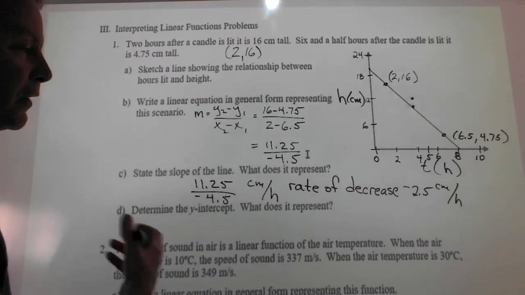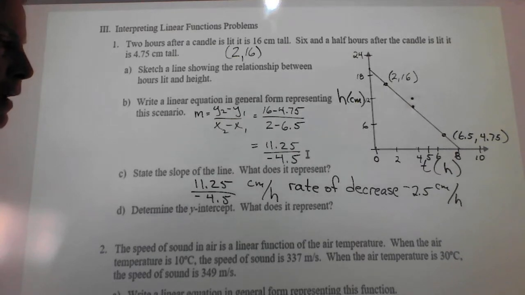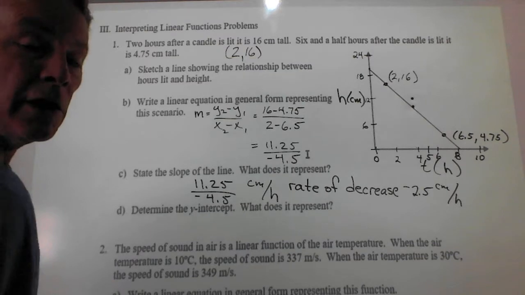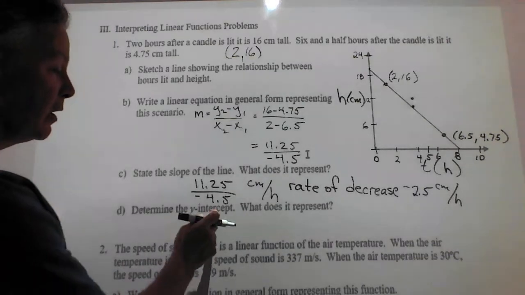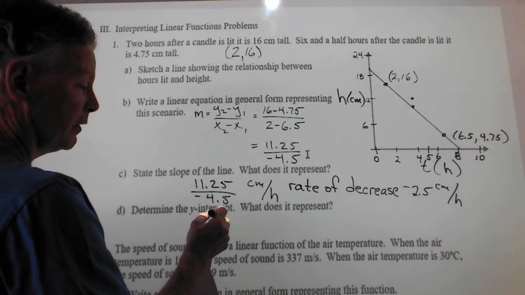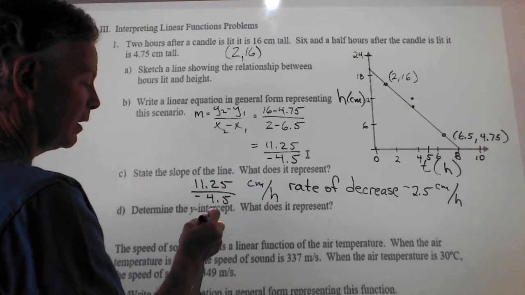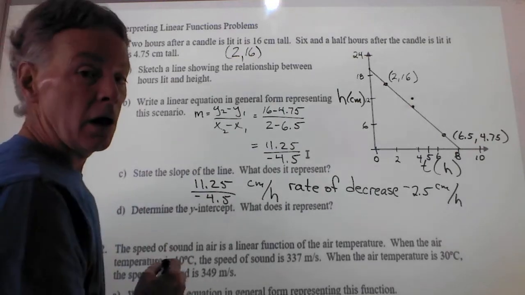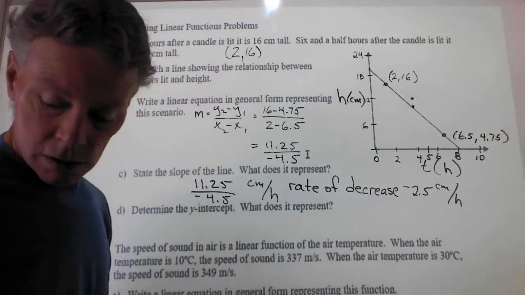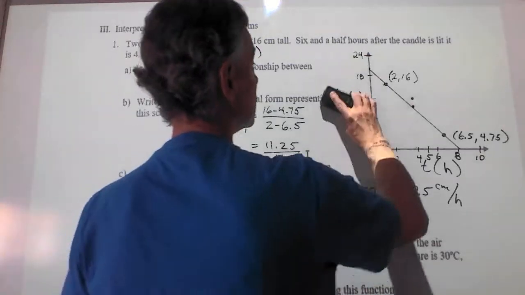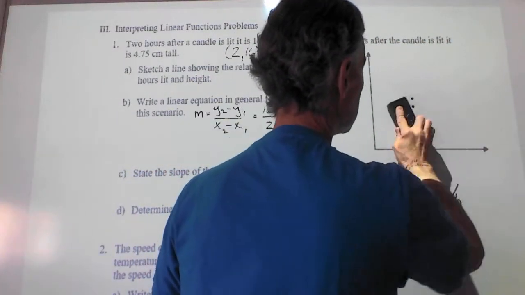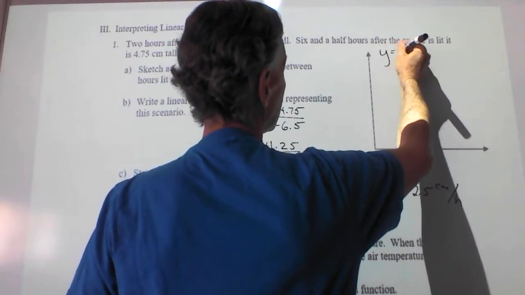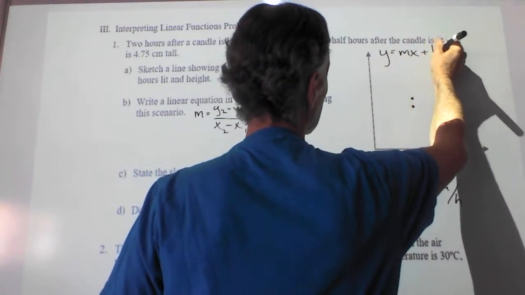Well, remember there's a number of different ways we can find the y-intercept here. But the way I'm going to do it is I'm going to use our slope-intercept form, which is y equals mx plus b.